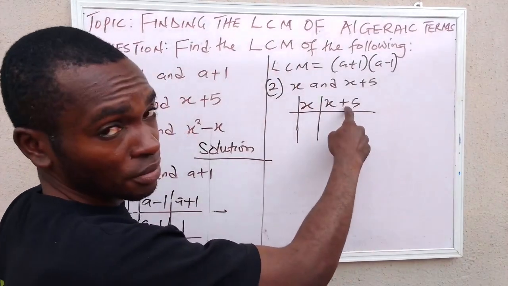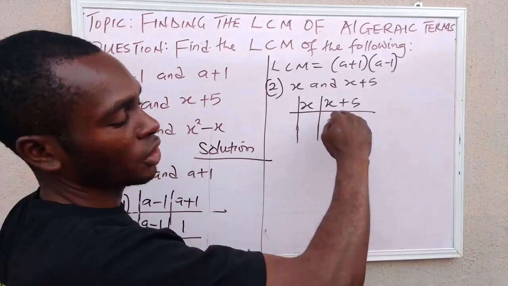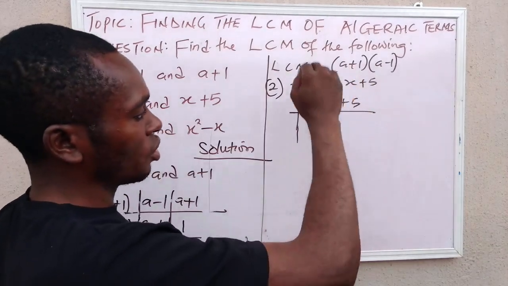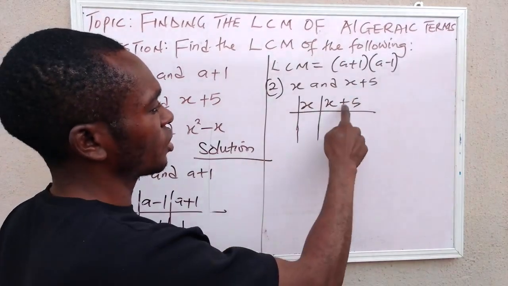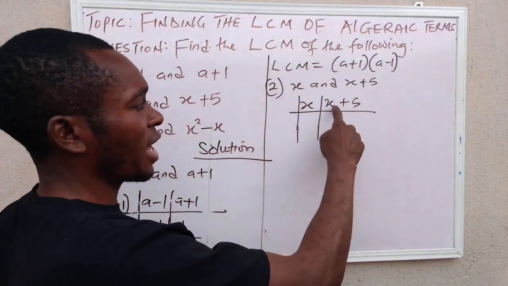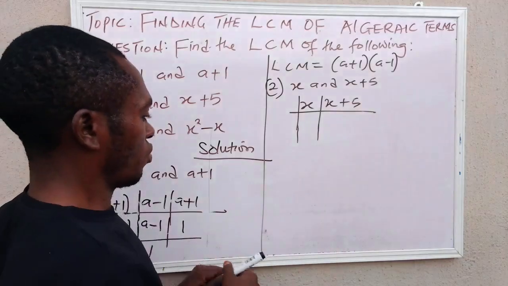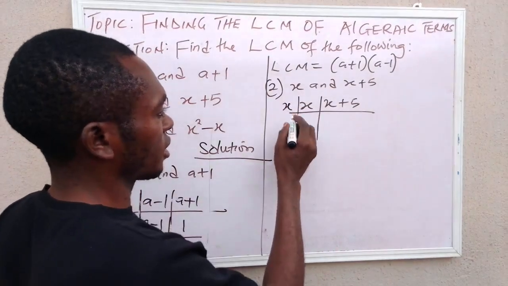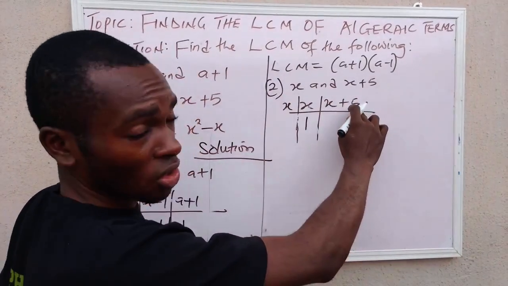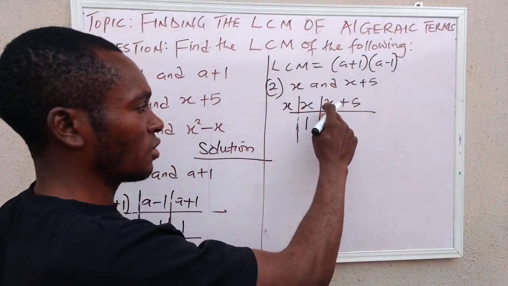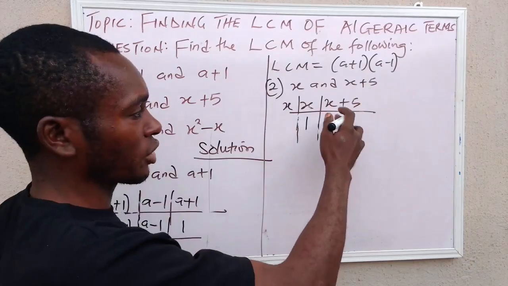If it can divide either of the two, you use it. If it can divide all of them, you use it. If you discover the only term that can divide either this or this will be x or x plus 5, let's start with x. X will divide this, you have 1. But x cannot divide this because this is not x, this is 5. X cannot divide x plus 5 without a remainder, so that will not work.